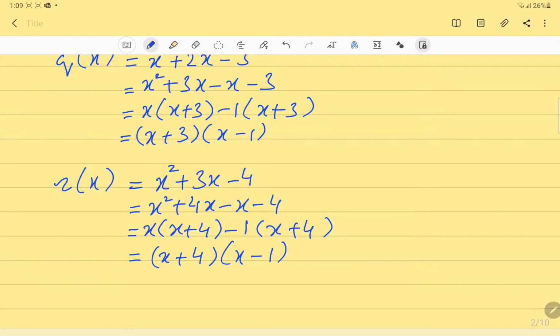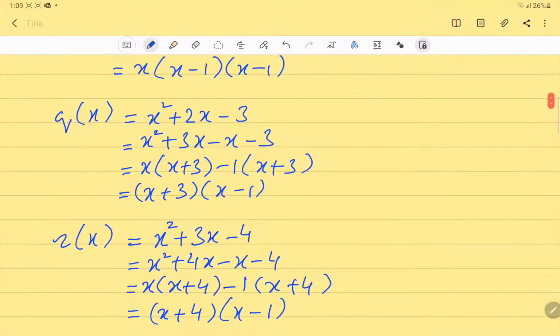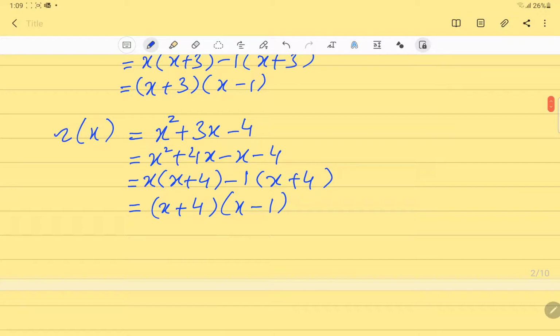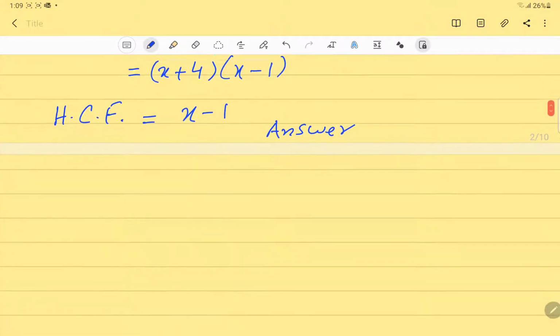Now we will look for the common factor in all the three, and here we can see that x minus 1 is there in the first expression, x minus 1 is there in the second expression, and x minus 1 is there in the third expression, which means our highest common factor in this case is x minus 1. So this is the answer of the third question.